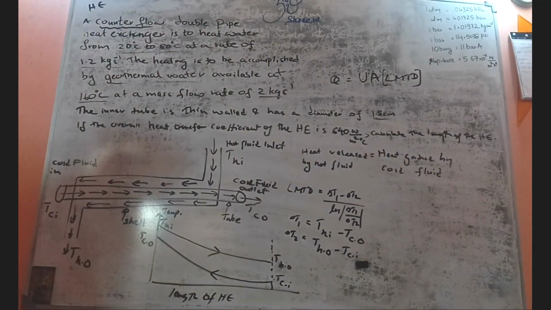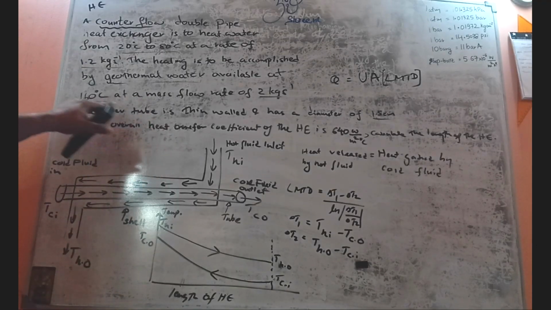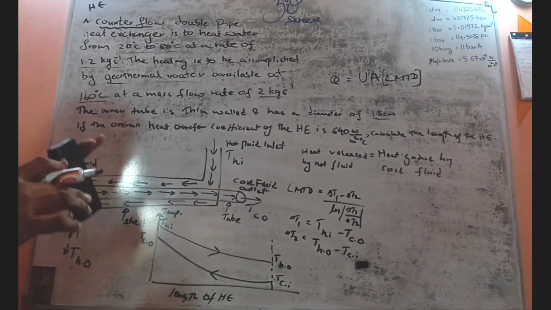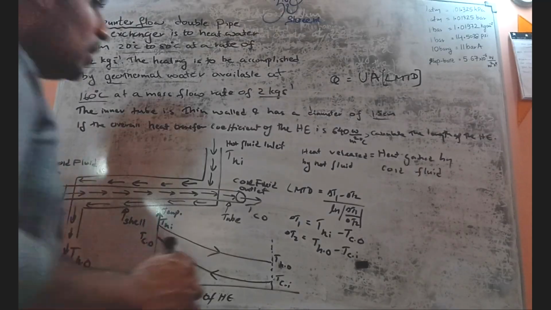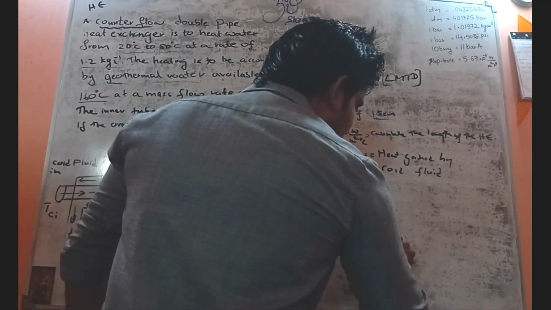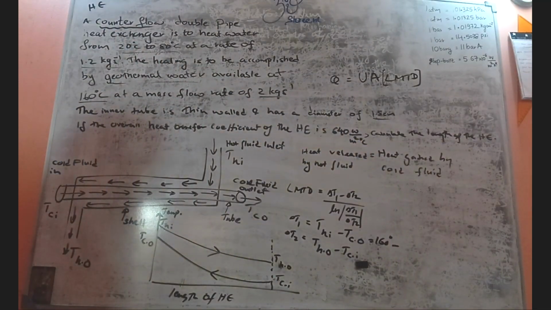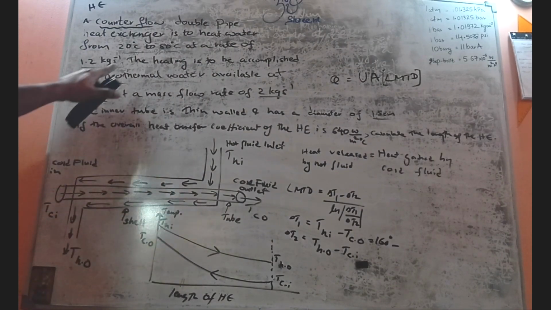So now, what are the things that we actually know? What is the hot fluid inlet temperature? Geothermal water is the hot fluid available at 160 degrees Celsius. So hot fluid inlet temperature is 160 degrees. No worries. What is the cold fluid outlet temperature?